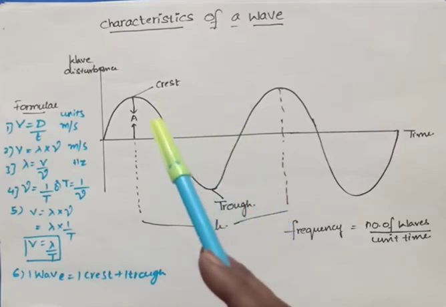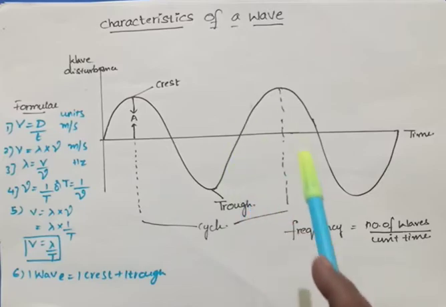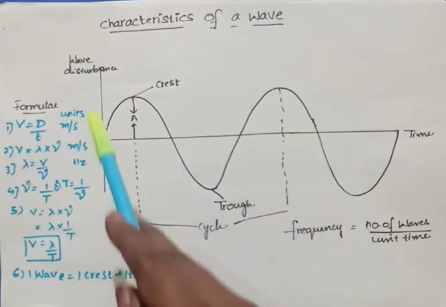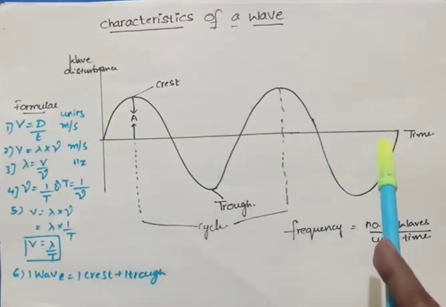Here we have a diagram of a wave. This is a graph where the y-axis is showing wave disturbance and the x-axis is showing time.